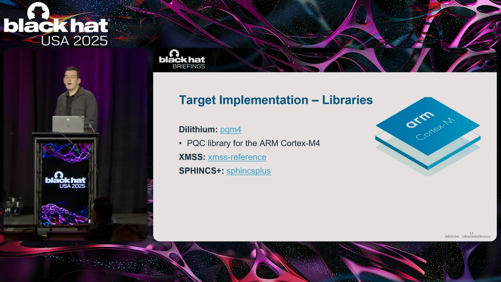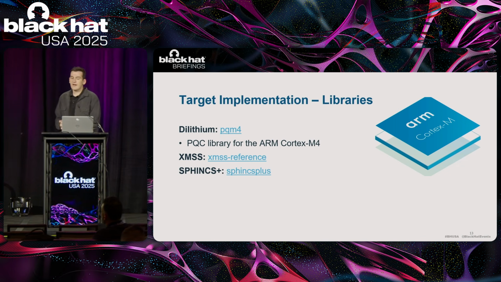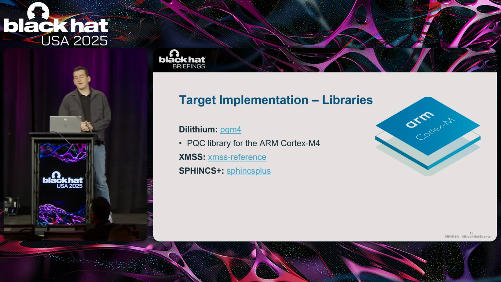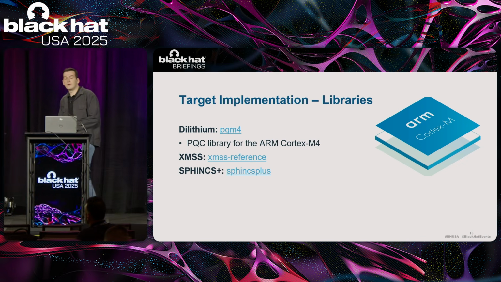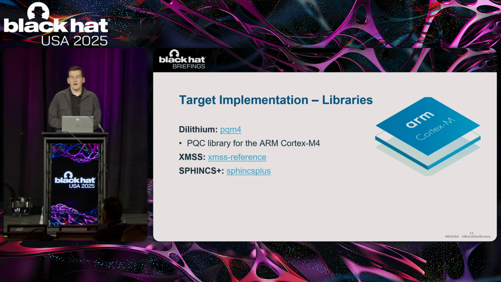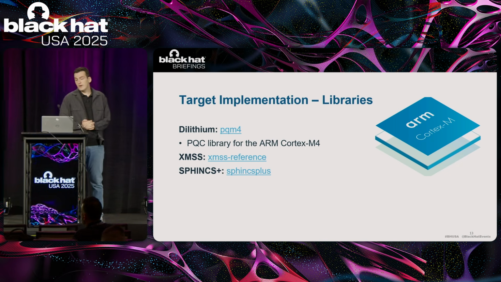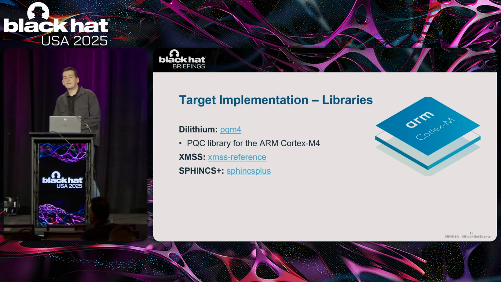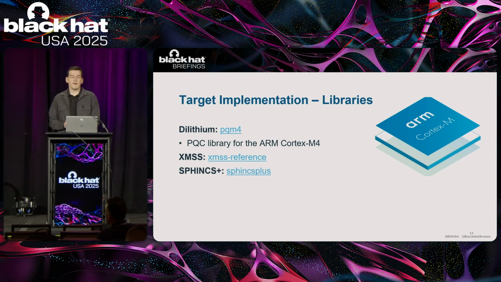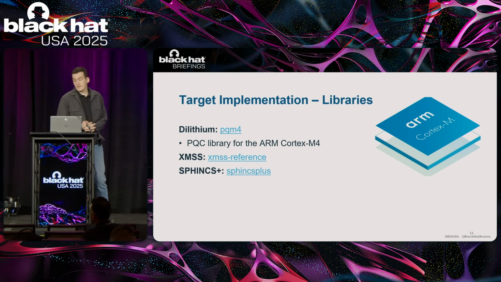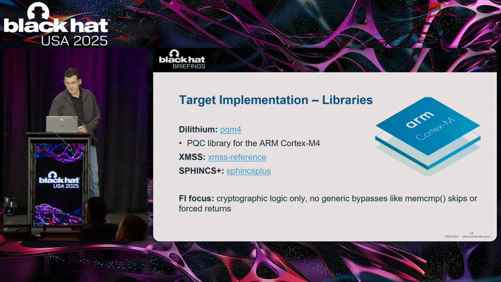For the target device, we selected an ARM Cortex-M4. For the libraries, we used PQM4 for Dilithium, a PQC library specially optimized for the ARM Cortex-M4. XMSS and SPHINCS+ aren't supported by the PQM4 framework because of performance issues, so we used their reference libraries.